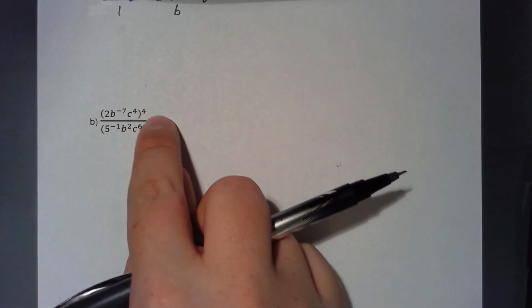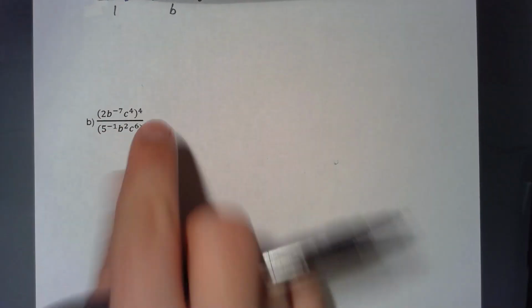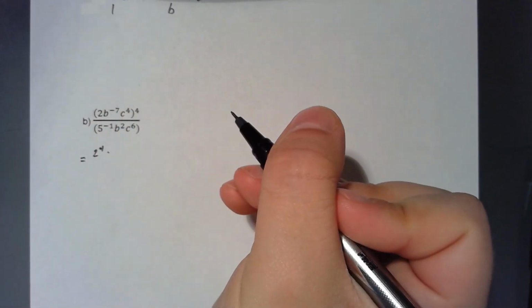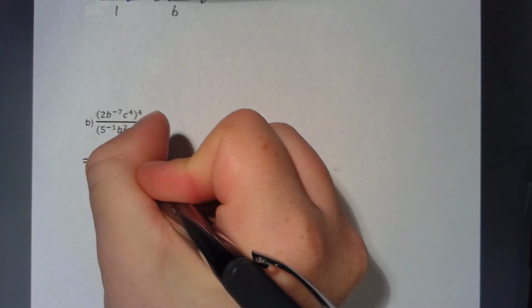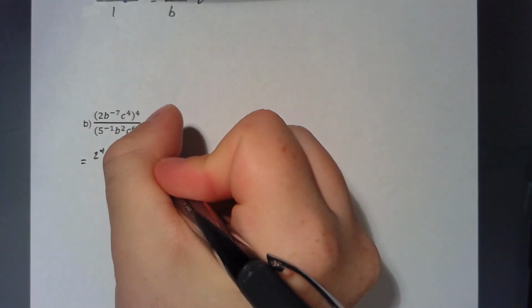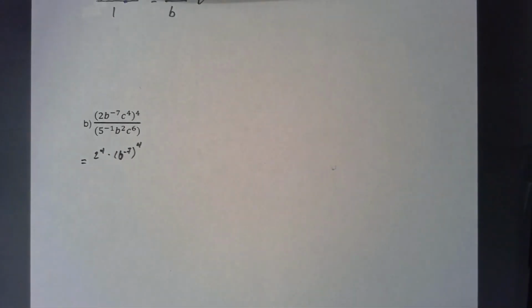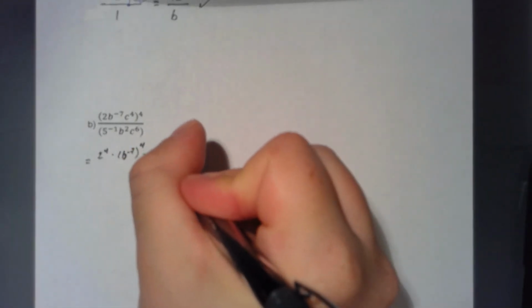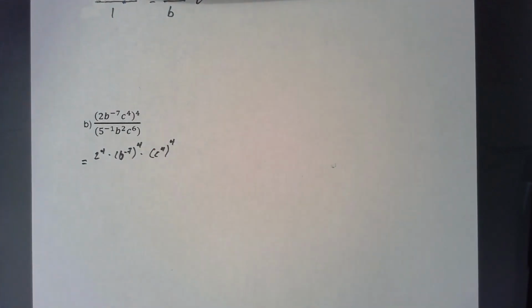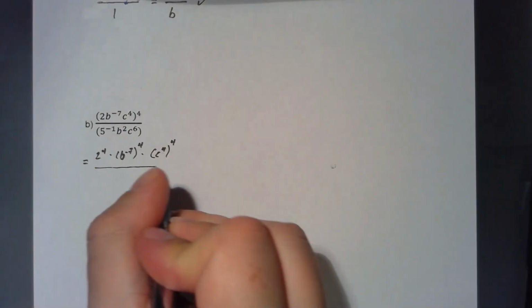Letter B. So again, everything up here in the numerator is raised to the 4th power. So let me break that up and write that as 2 to the 4th power times b to the negative 7th, to the 4th power, times c to the 4th, to the 4th power, all over.